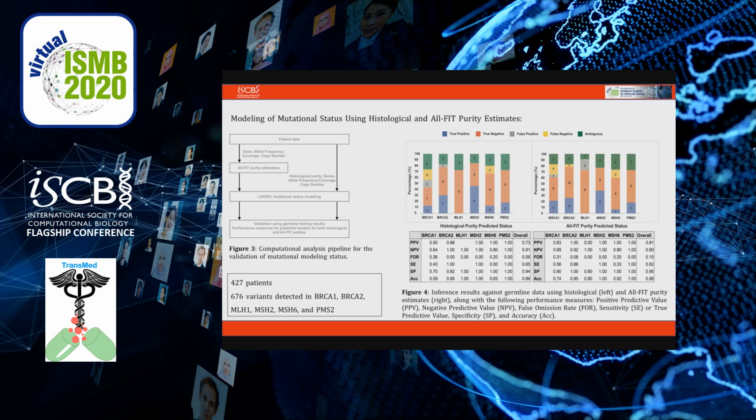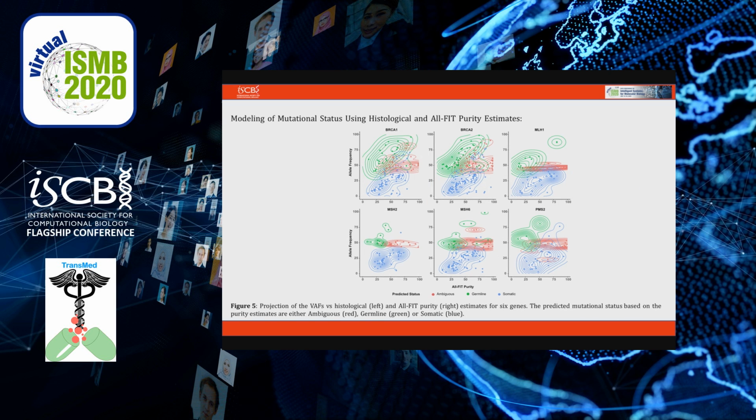Comparison of inference results with germline testing data showed an overall accuracy of 89% and 88% using histological purity and ALLFIT purity estimates respectively, excluding the ambiguous patients.